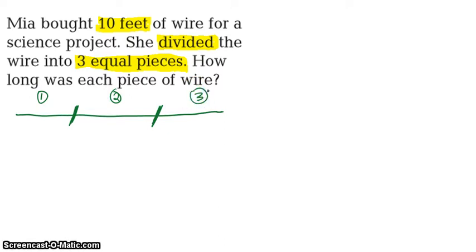I know those probably aren't totally perfect, so you got to use your imagination here. So we're dividing this one strand, which is 10 feet long, into 3 equal pieces. So what this is actually saying is, I'm going to write this over here, 10 divided by 3.